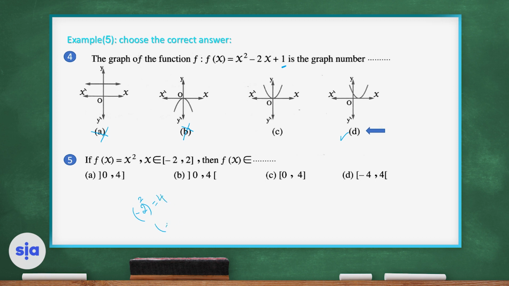Negative 1 all squared is 1. 0 all squared is 0. 1 all squared is 1. And 2 all squared is 4. So as you can see here, the interval starts from 0 until 4. 0 is closed and 4 is also closed.